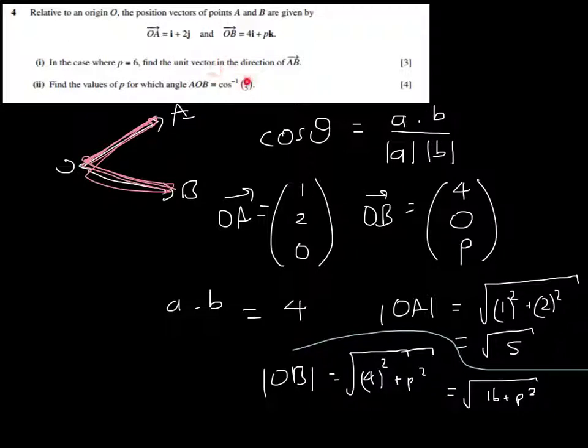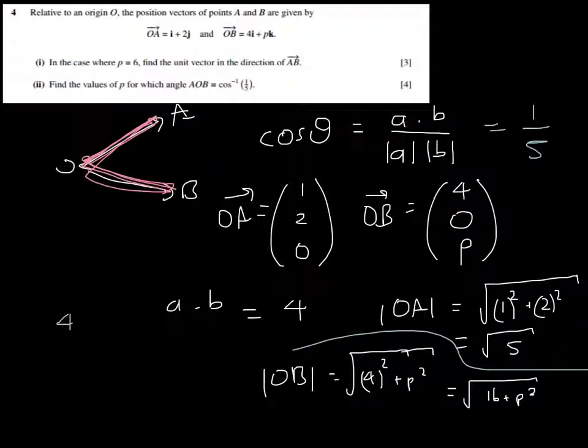Okay, so let's form this together. We know that all of this is supposed to equal a fifth, and then we would inverse cosine it to find the angle. So we can set up an equation. A dot B is 4.